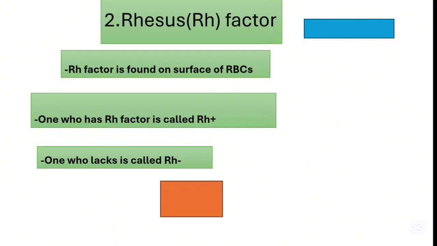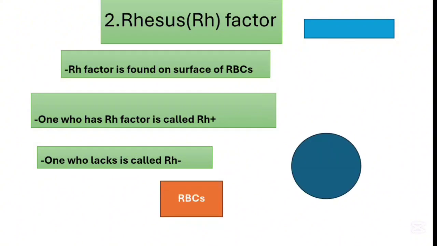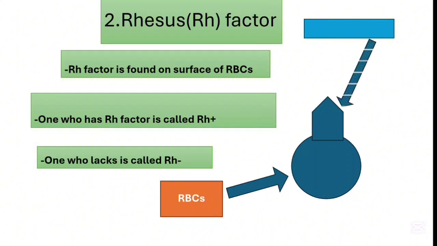Firstly, this is the red blood cell, and on the surface of the red blood cell we have antigens A or B. Antigens are found on the surface or the membrane of the red blood cells.